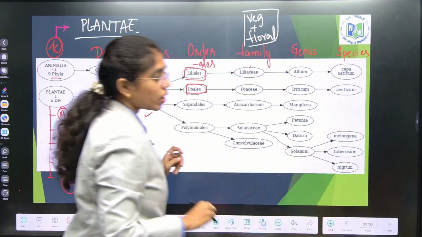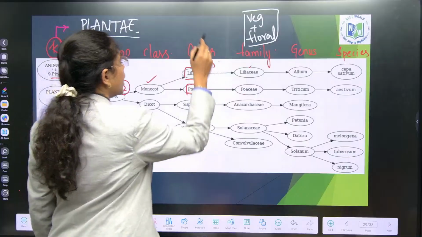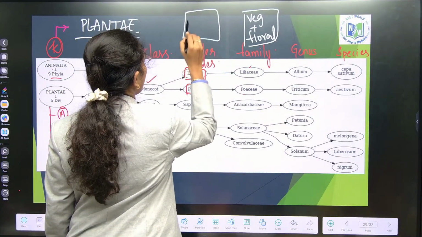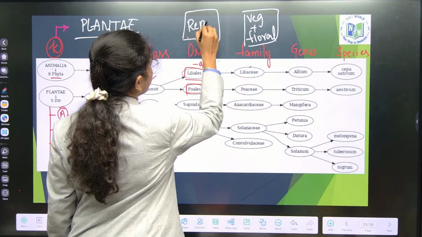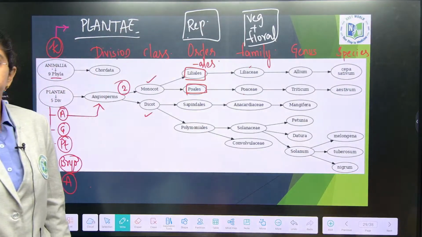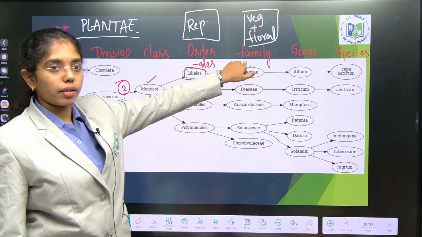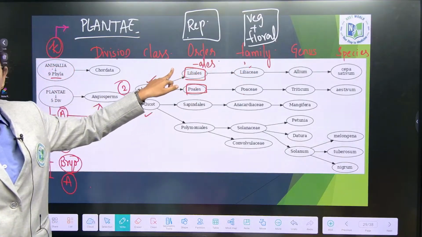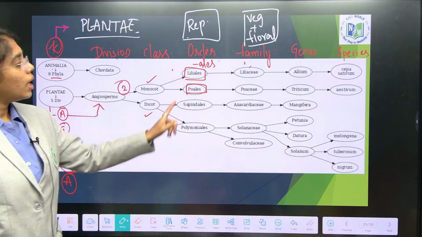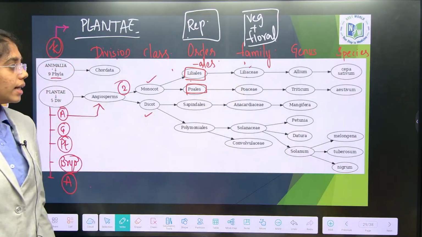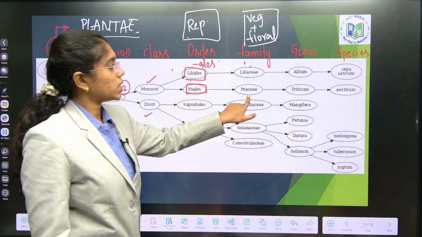Yes or no? Order includes a group of related families which share only common reproductive characters. Family shares both vegetative and floral or reproductive characters. Order shares only reproductive characters. Liliales will have the family Liliaceae, Poales, Poaceae.